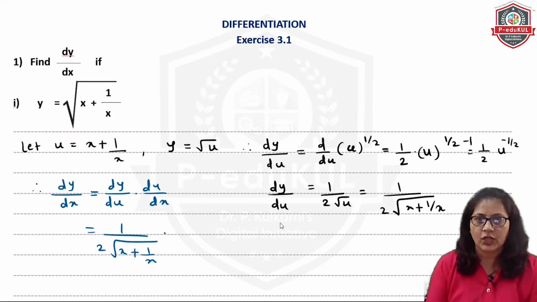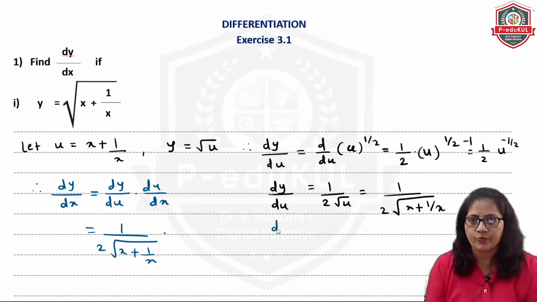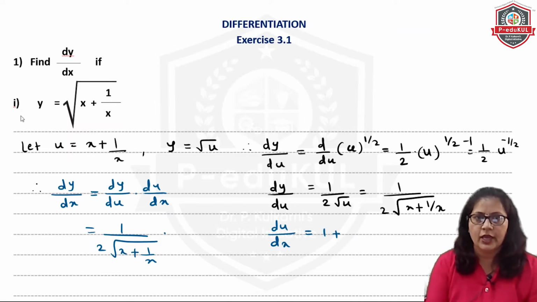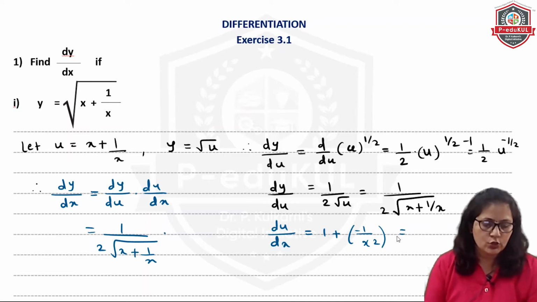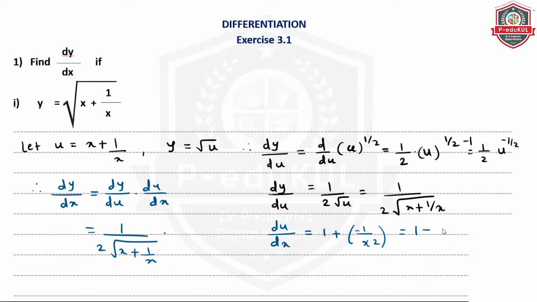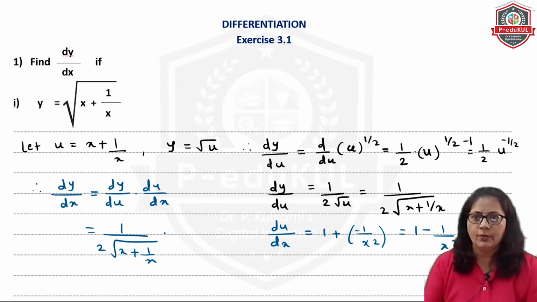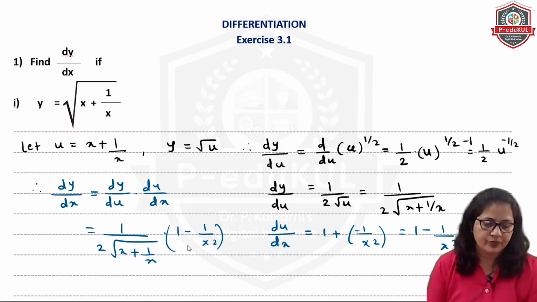I'll show you here, du by dx. So my du by dx will be 1 plus, see, the derivative of x with respect to x will be 1, and the derivative of 1 upon x is minus 1 upon x square. So du by dx will be 1 minus 1 upon x square, and that value I'll put here, 1 minus 1 upon x square. That's it. So this is the answer.